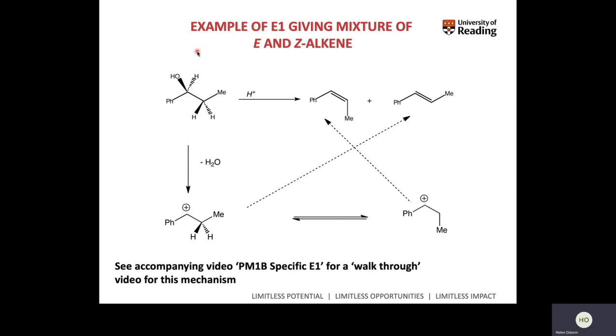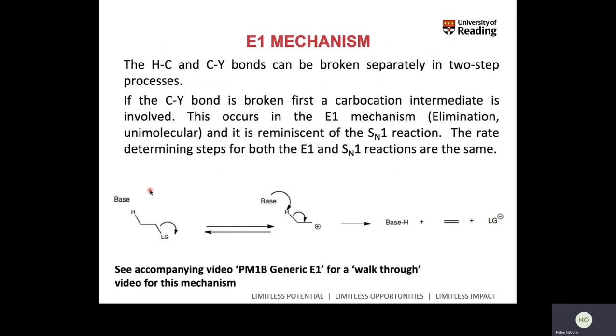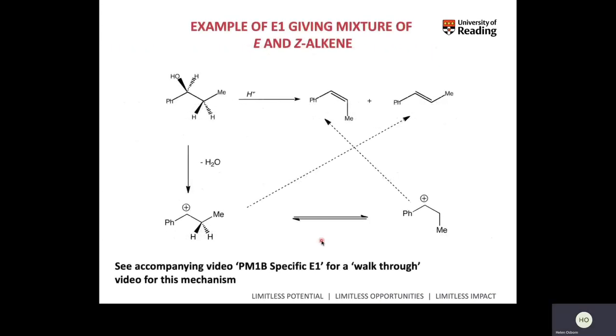So if it's E1, we know in that first step, in the generic rate equation, we're going to lose our leaving group to give a carbocation. So if we look at our molecule, our substrate, we have to work out where's a group which can be a leaving group that when it departs is going to give a carbocation. So we've got this hydroxy group here.